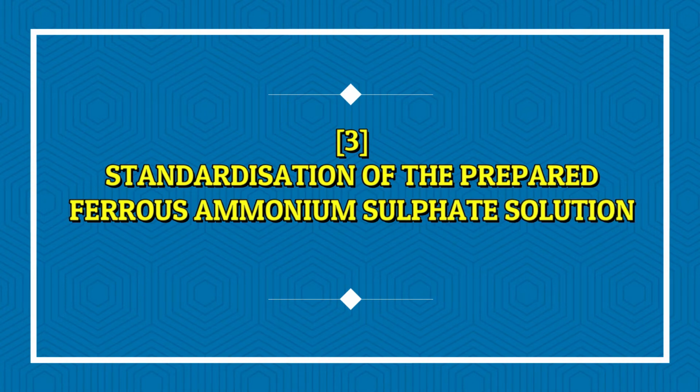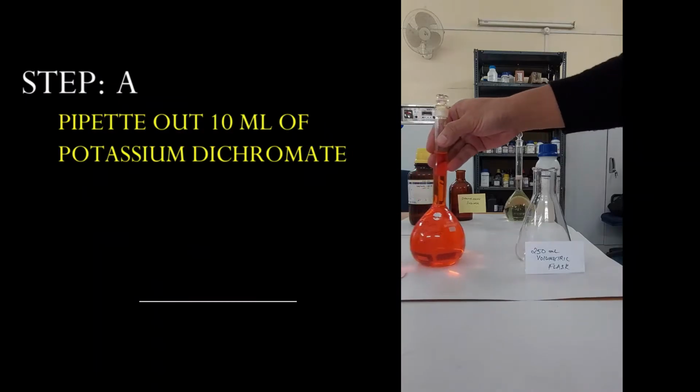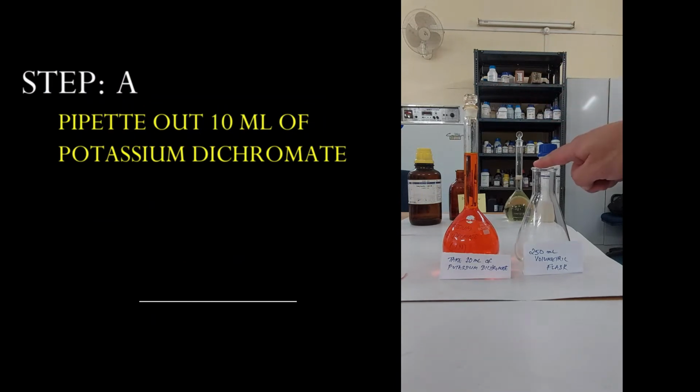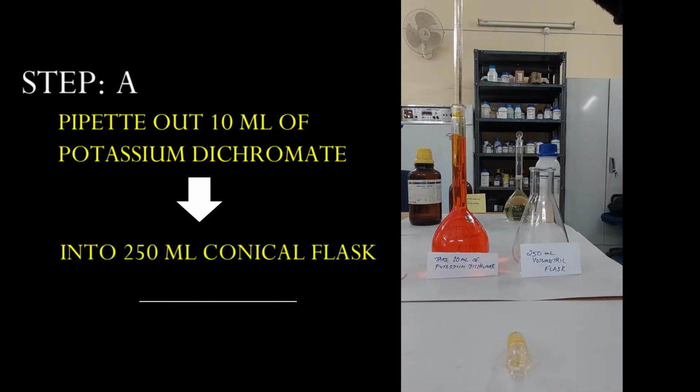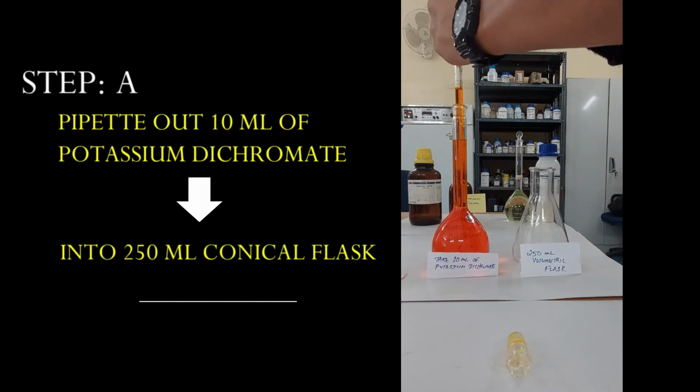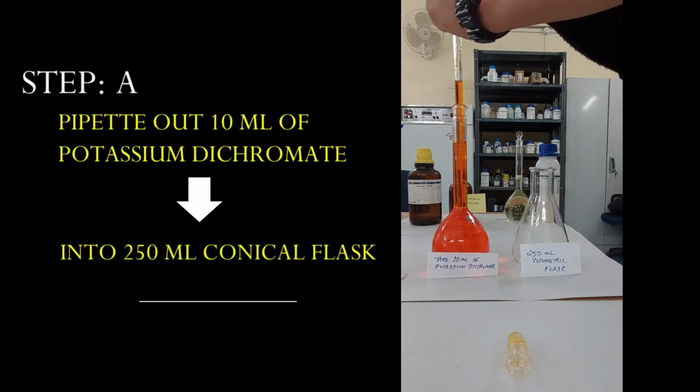For this, first, pipette out 10 ml of potassium dichromate into a 250 ml conical flask.